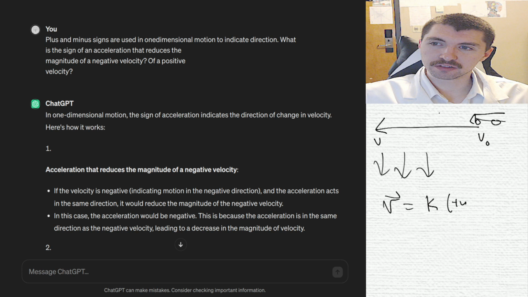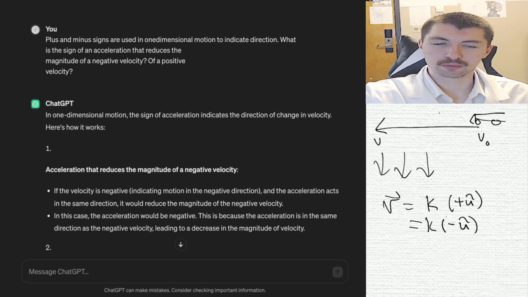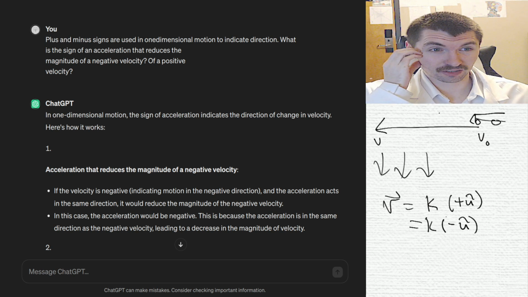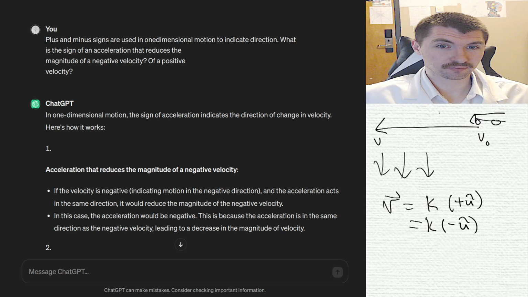That could be a positive u, or it could be k times a negative u. So I'm thinking that's what it's trying to say. I'm guessing it would just be opposite signs.